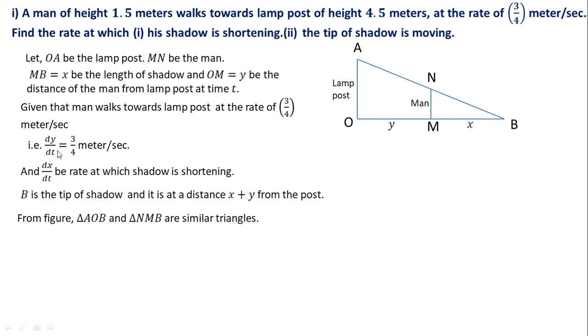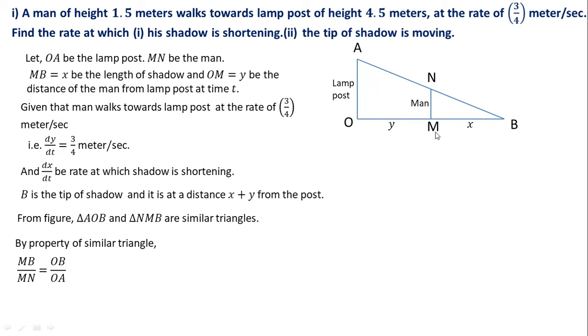So remember this. Now if you observe the figure carefully, then to get the relation between the variables x and y, we have to observe that triangle AOB and triangle NMB are similar triangles. See here, triangle AOB and triangle NMB are similar triangles. Now with the help of property of similar triangles, that is the ratio between the sides of the similar triangles are constant, or in other words sides are in proportion.